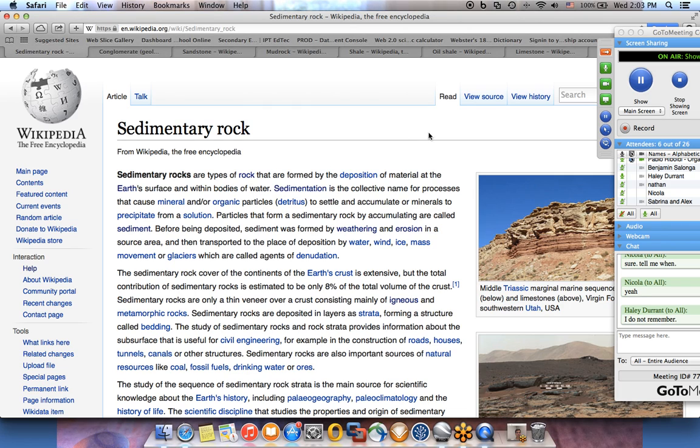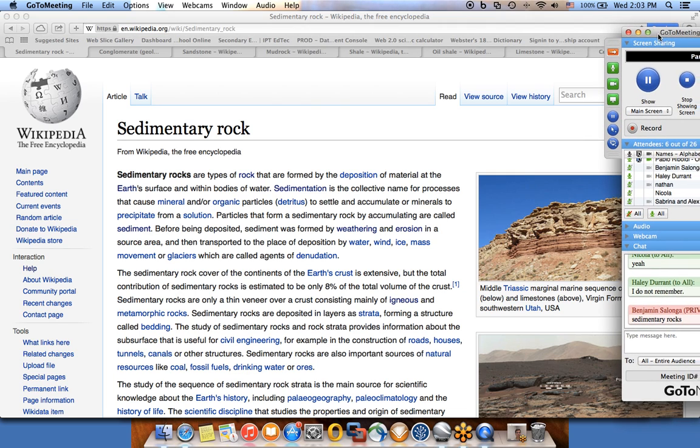So let me go really fast to that. Let's see if this will take us there. Okay. So sedimentary rocks. What do you mean, Ben, by saying sedimentary rocks?